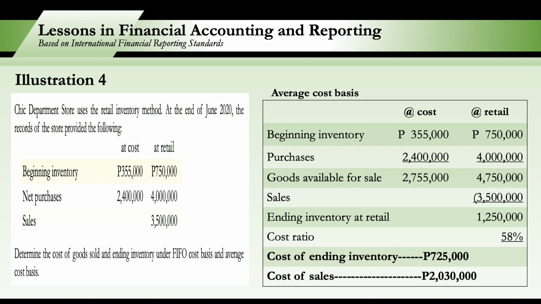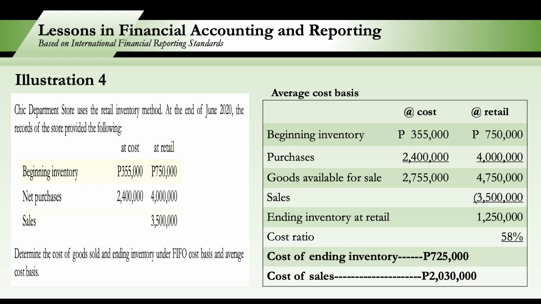In the previous illustration using the FIFO basis, we determined the cost to retail ratio by just dividing the purchases at cost with the purchases at retail. This time, since we are using the average cost basis, we include already the beginning inventory. So we divide the goods available for sale at cost over the goods available for sale at retail.